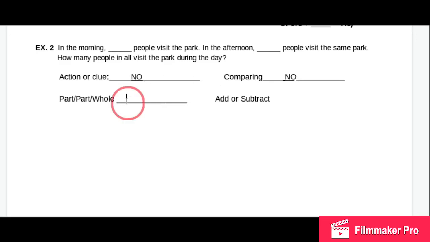Okay, now let's think about part-whole. In the morning, people visit the park, and in the afternoon, people visit the park. How many people in all visit the park during the day? So the people visiting the park during the day, that would be our whole. The whole is the day, and the day is broken up into two parts, the morning and the afternoon. So this would be a part-whole problem.